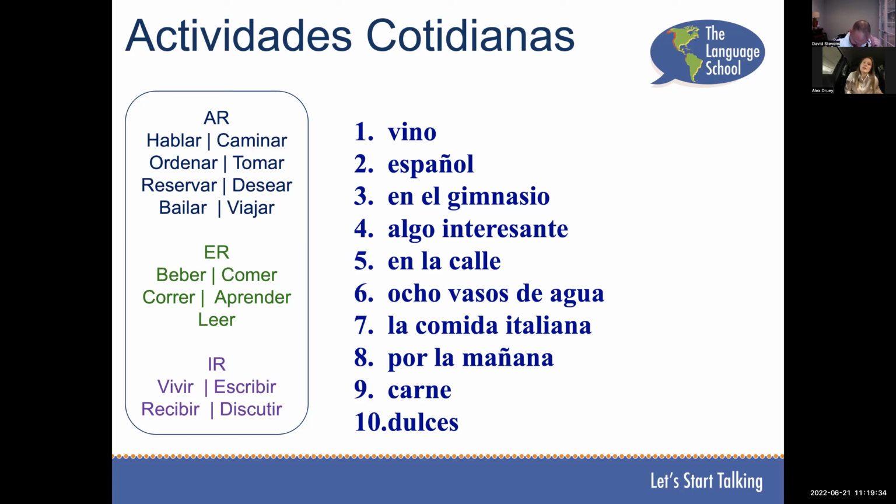¿Qué significa calle? La calle is the street. Corres en la calle. Sí, corro en la calle. Bebes 8 vasos de agua. Sí, bebo 8 vasos de agua.